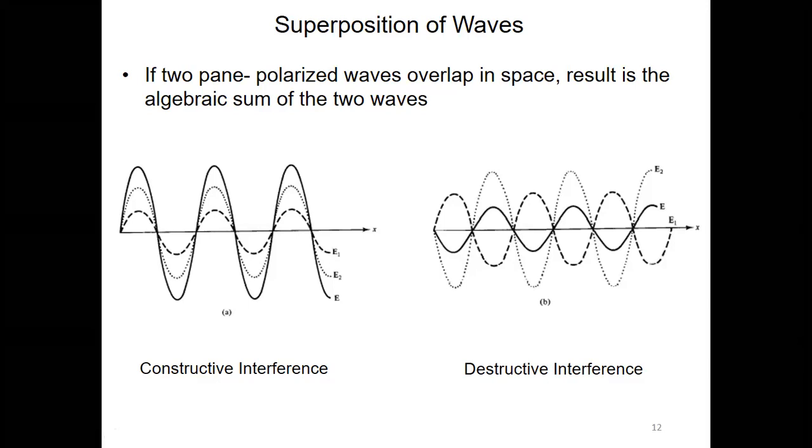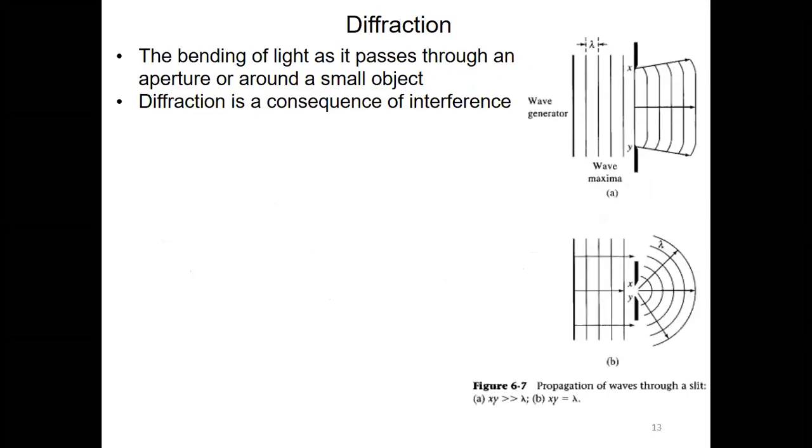There you will have an idea about how these interferences result in the spectra, right? That is the superposition. When the superposition of waves happens, both constructive and destructive interferences are possible.